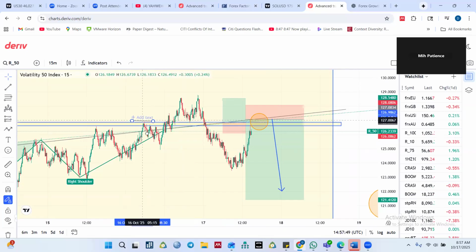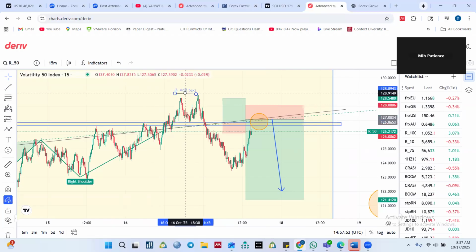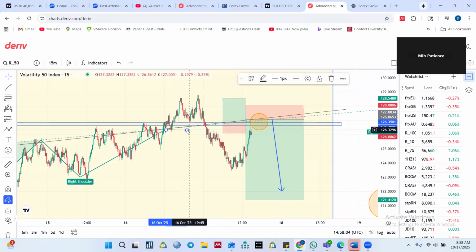Low, high, low, high, lower high, higher high, lower high, and then a failure swing or kind of sweep of liquidity, and it drops. So we can put it here. When price took out this internal low here, that was a change or a break of structure.